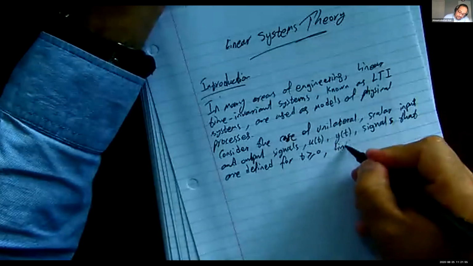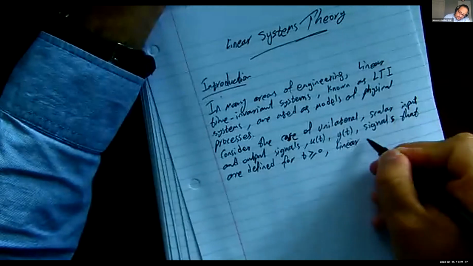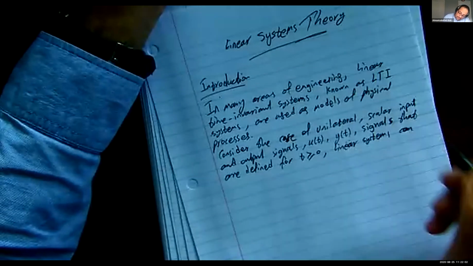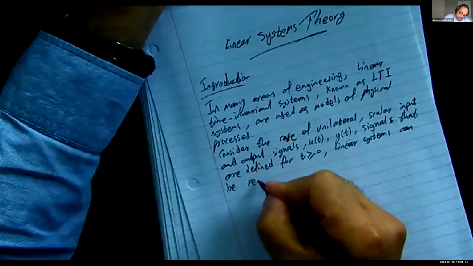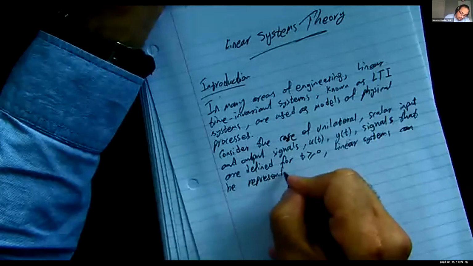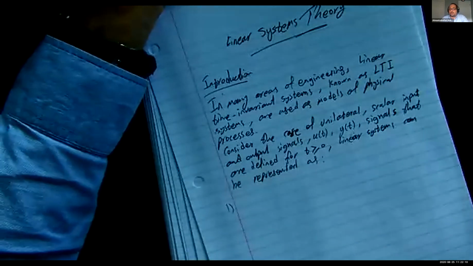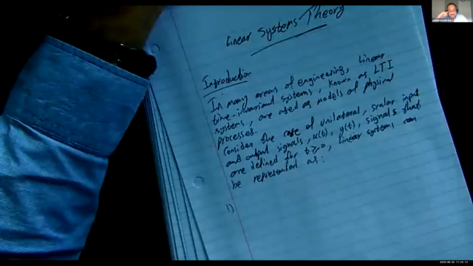Linear systems can be represented as, okay, so these are the different ways we can represent linear systems.